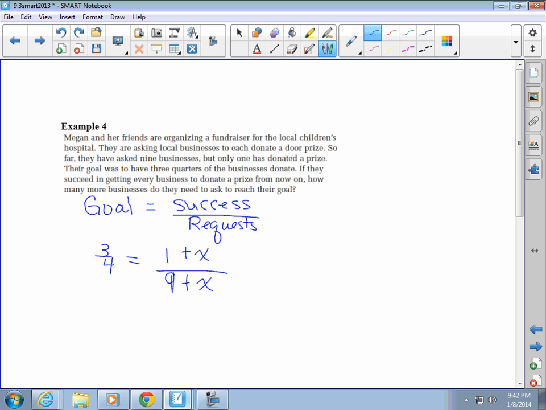So in order to solve this, you're just going to have to cross multiply and solve. So 3 times (9 plus x) is going to equal 4 times (1 plus x). So I have 27 plus 3x is equal to 4 plus 4x.